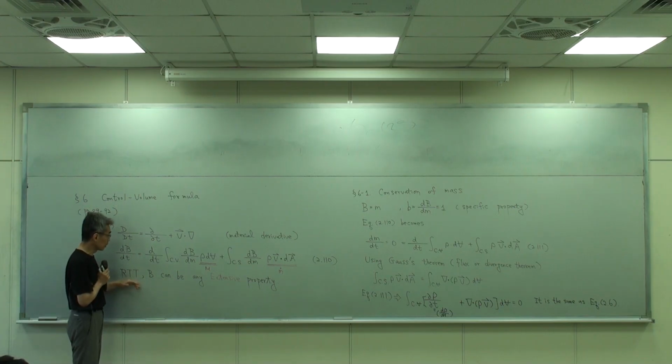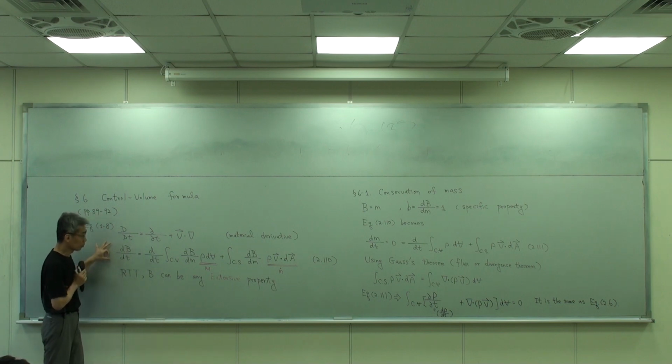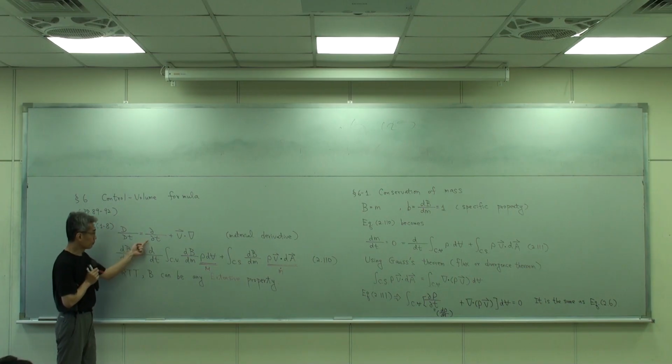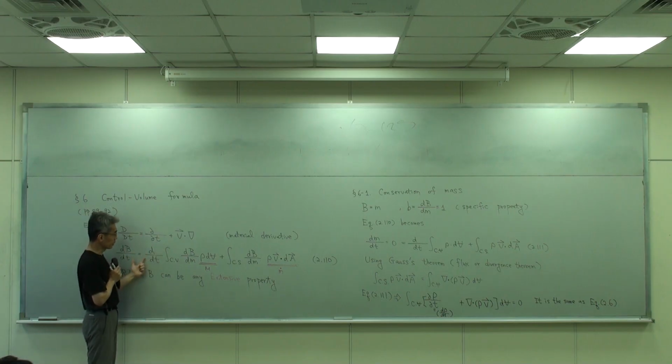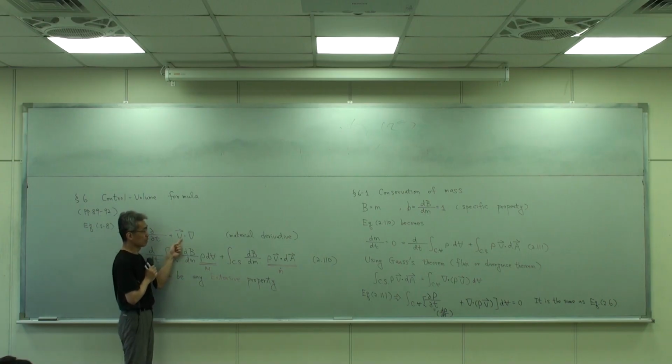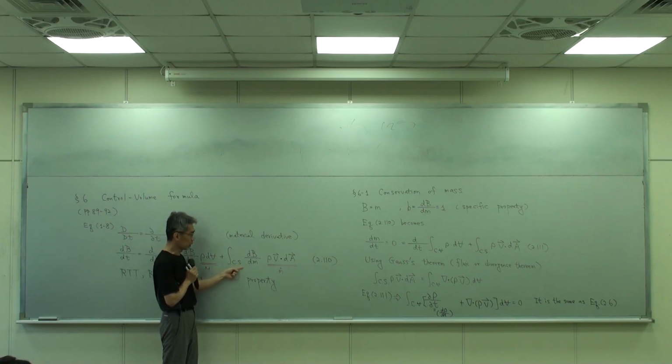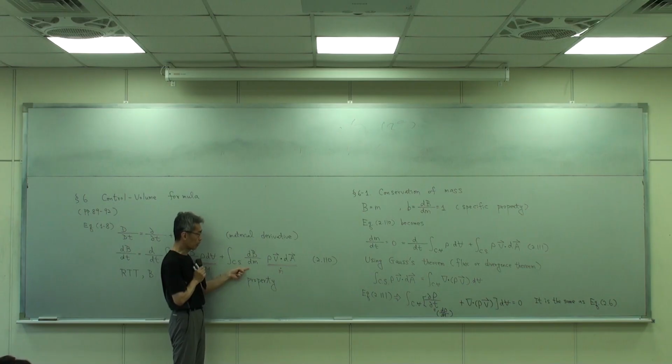So for the control volume or integral model, compared to the differential material derivative, they are consistent. Partial t is the differential inside the control volume, and the convection is related to the in and out from the control surface.